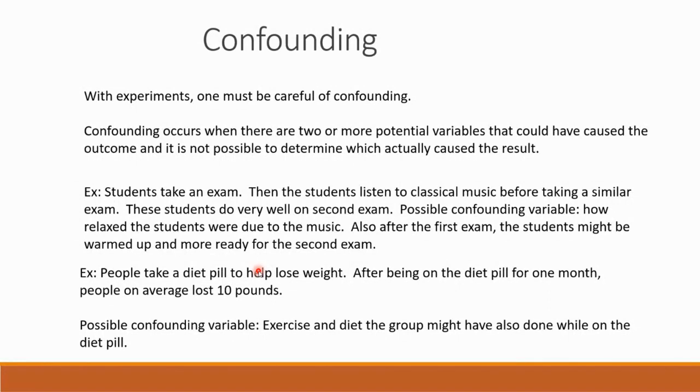That occurs when there are two or more potential variables that could have caused the outcome, and you don't know which actually caused the result. So confounding can mess up an experiment. That's again when there are other variables that could have affected or caused the outcome.